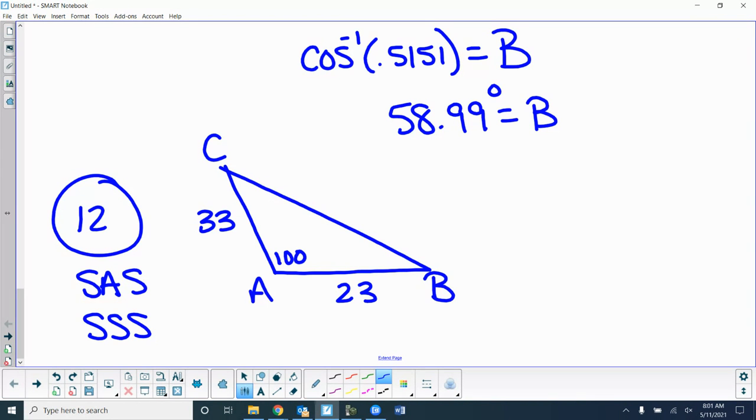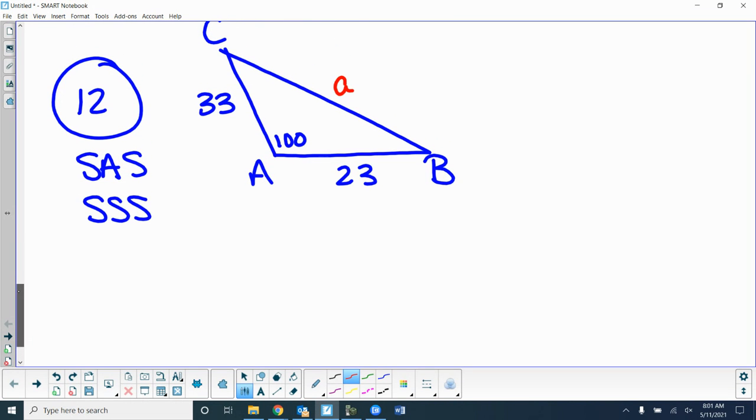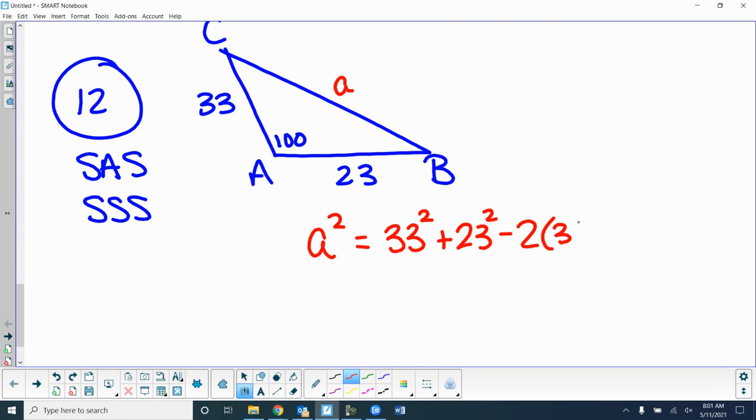So we're looking for the third side, which would be side A. All right, so we're going to use the one that starts A squared. This one's a little easier when you're looking for a side than the last one. A squared equals B squared plus C squared minus 2 times B times C, that's a 2, sorry, times the cosine of angle A, which was 100 degrees.